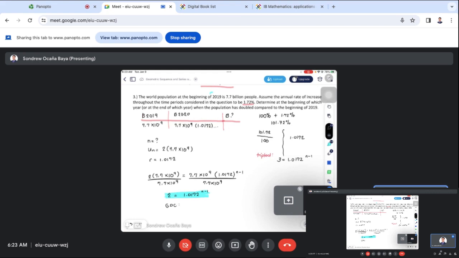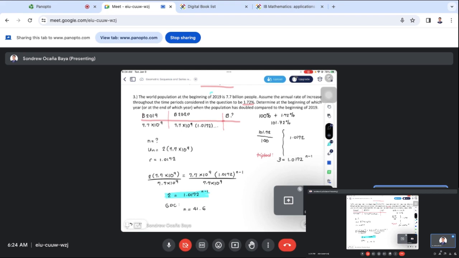Go ahead and solve it using your numeric solver, and you will end up with the answer n equal to 41.6. So it's 41.6 including 2019. Take note, this is including 2019. Now, for us to analyze clearly, let's make use of a smaller number.